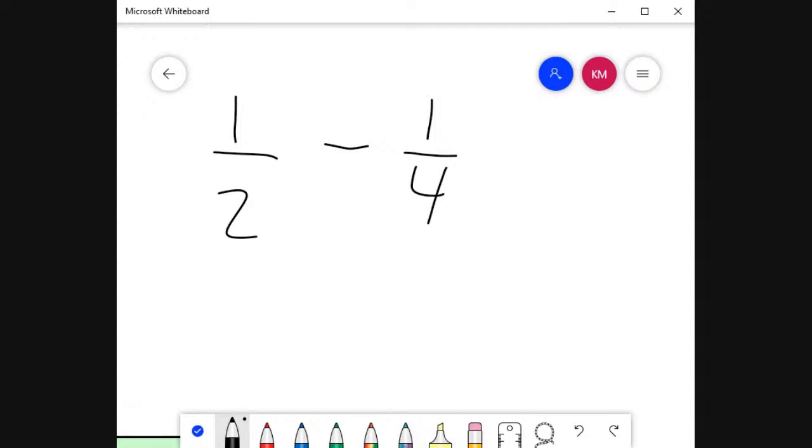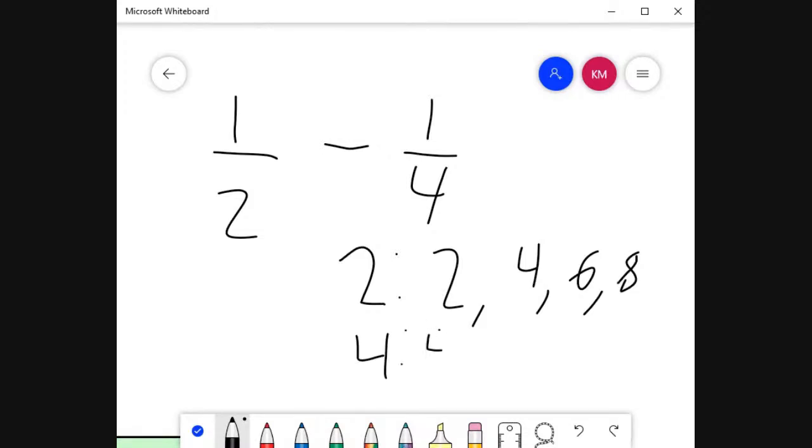So to find that, you can easily say, okay, I'm going to count by 2's, which is 2, 4, 6, 8, and then 4's, 4, 8, 12, 16.